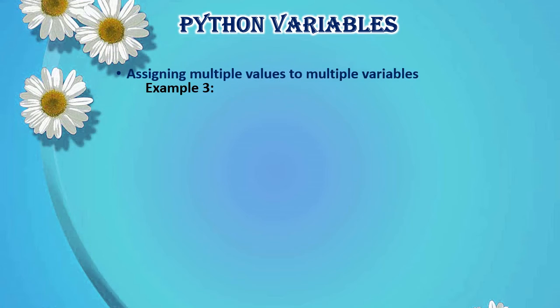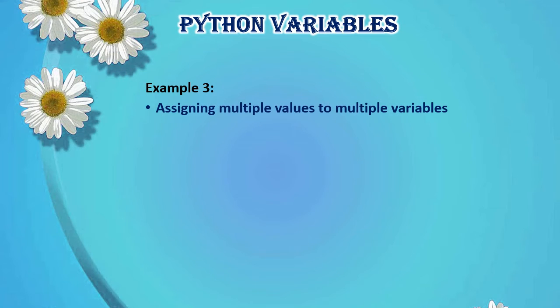In the next example, we can assign multiple values to multiple variables. See here, example: a, b, c equal to 5, 3.2, hello. So 5 is assigned to the variable a, 3.2 is assigned to b, and hello is assigned to c. If we print and check, we get the result 5, 3.2, hello.